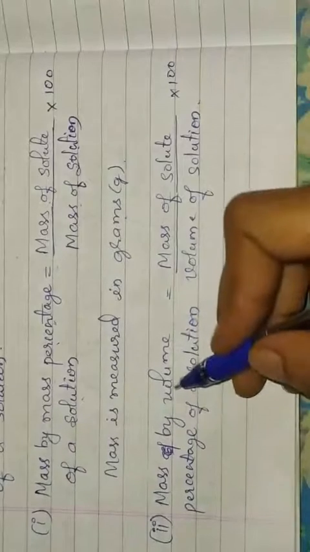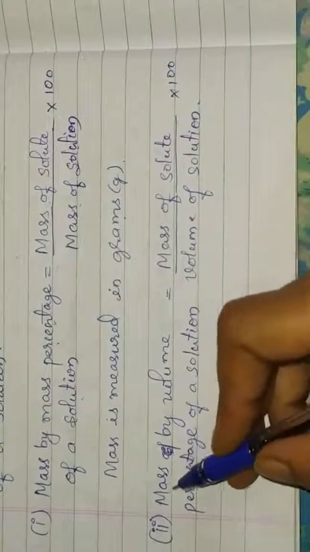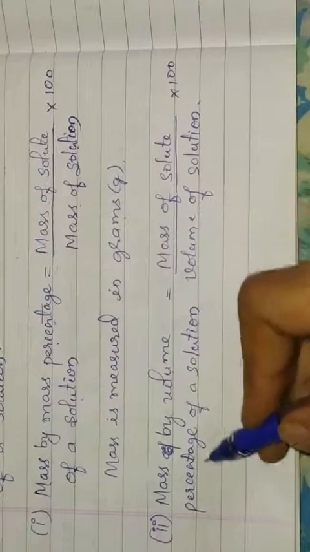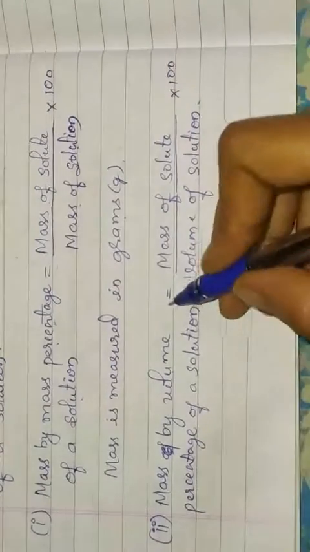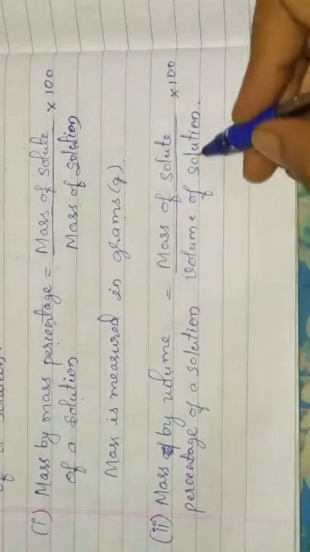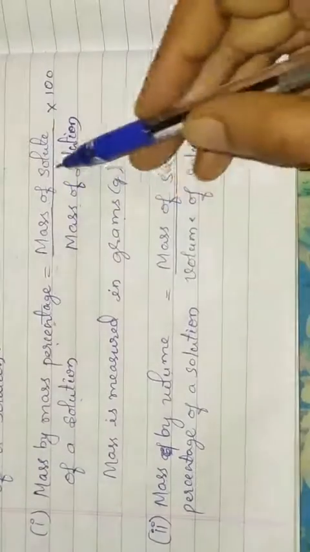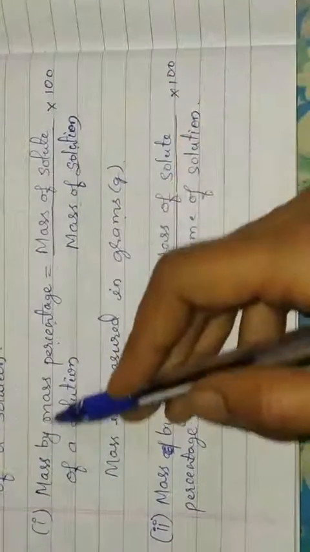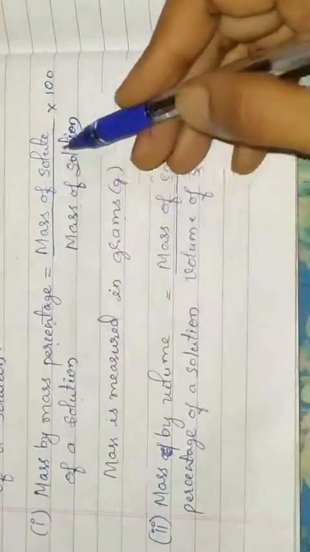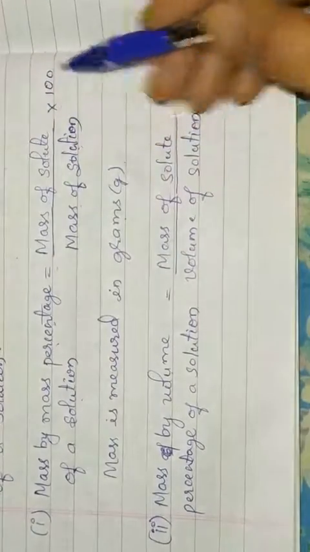Next, how the concentration of a solution is expressed in terms of mass by volume percentage. This is equal to mass of solute divided by volume of solution, into 100. See both formulas. In mass by mass, both solute and solution are taken in terms of mass and multiplied by 100.